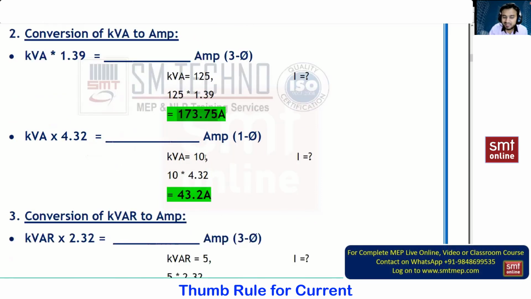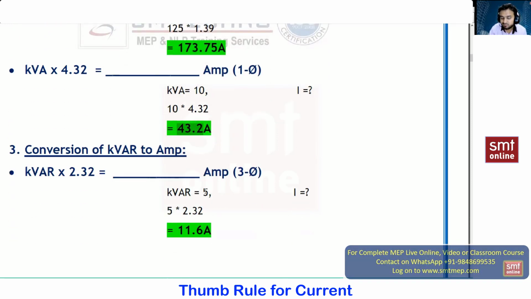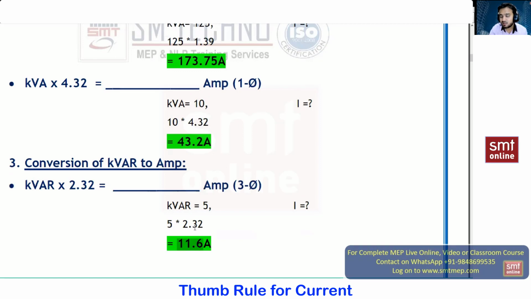For 10 kVA, as this is a single phase system, we get 43.2 ampere. For kVAR, say we have 5 kVAR: 5 into 2.32 gives you 11.6 ampere. All these examples you can substitute with your formula also. 99.99% you will get the same answer. You can cross verify. So here you are saving your time.